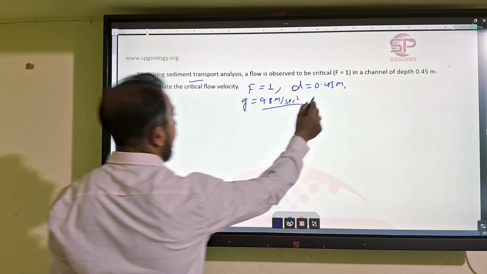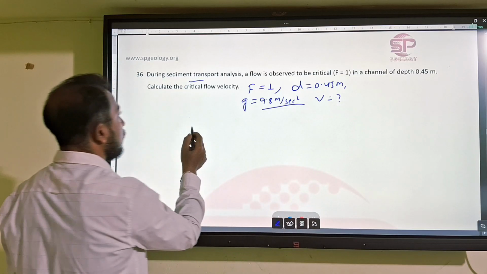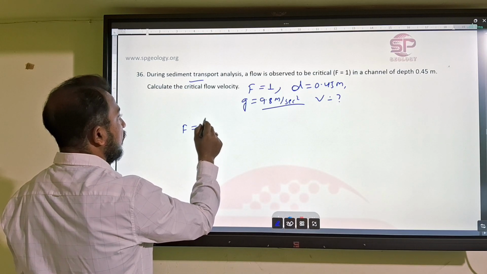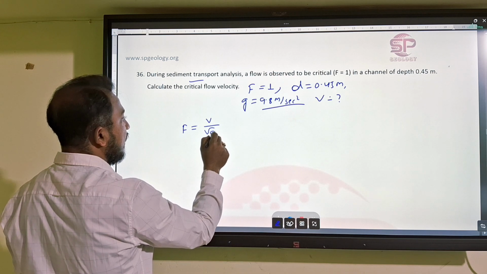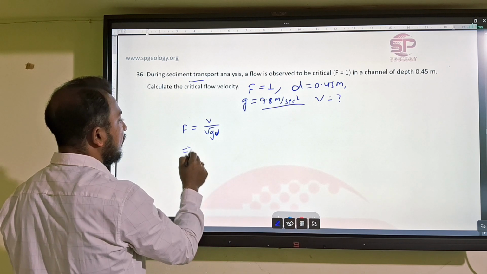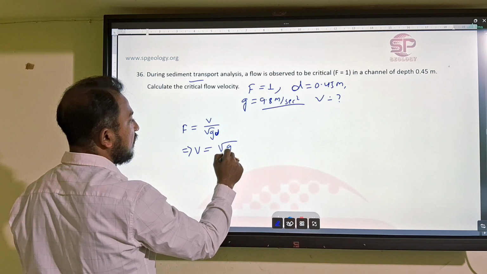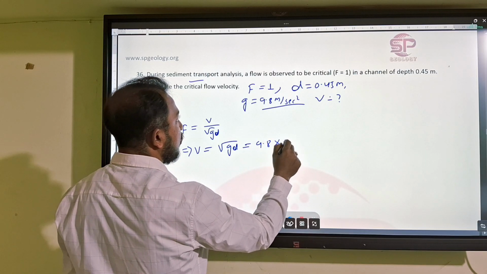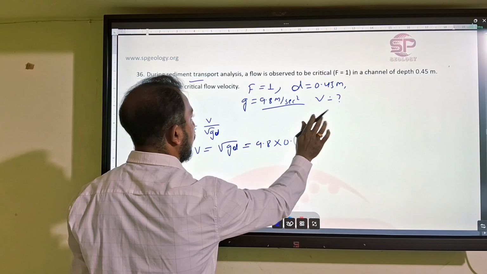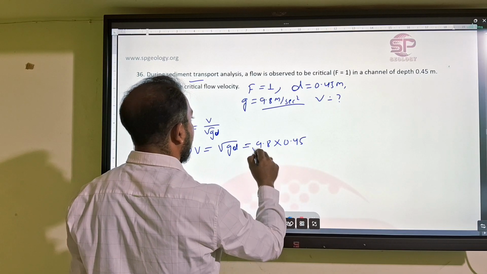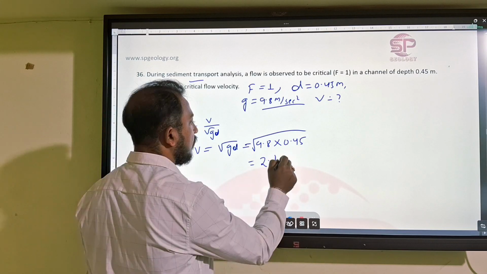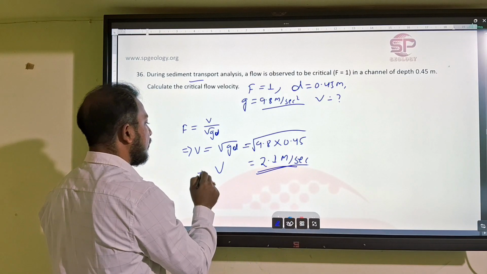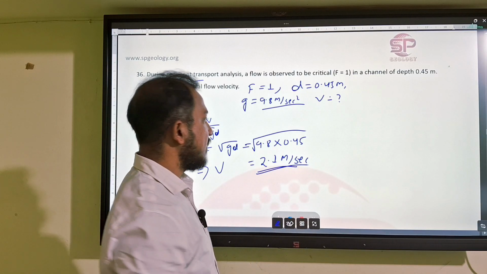So you have to calculate V. F equal to V by root over of GD. As F equal to 1, V equal to root over of GD. So 9.8 into 0.45, the root over of that will be 2.1 meter per second. So V will be 2.1 meter per second.